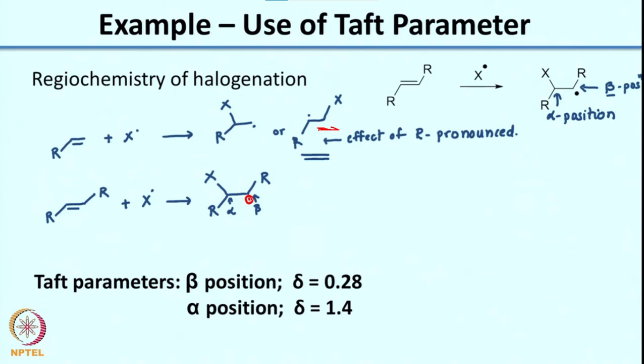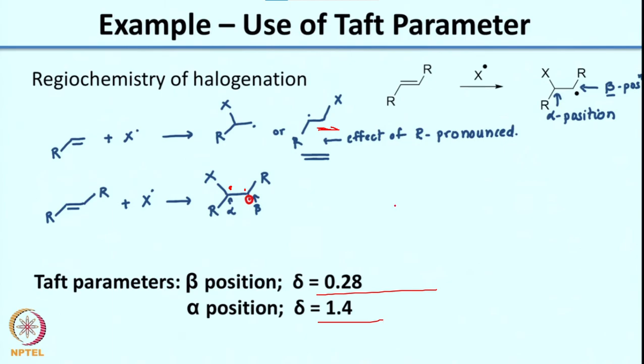You can see here the beta position delta value is less compared to the alpha position. Why? Because if the radical is generated over here, it will become a tertiary radical, right? Now if radical generation takes place here compared to here, it will be more stabilized and it will give a more positive value compared to the beta position, right? That's why you can see in the Taft parameter the beta position has a lesser value compared to the alpha one.